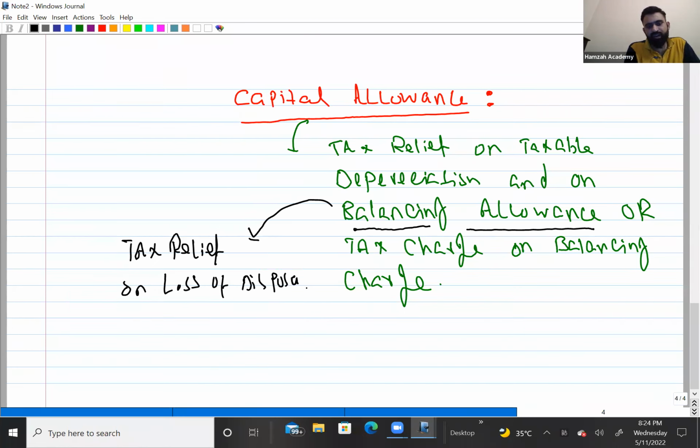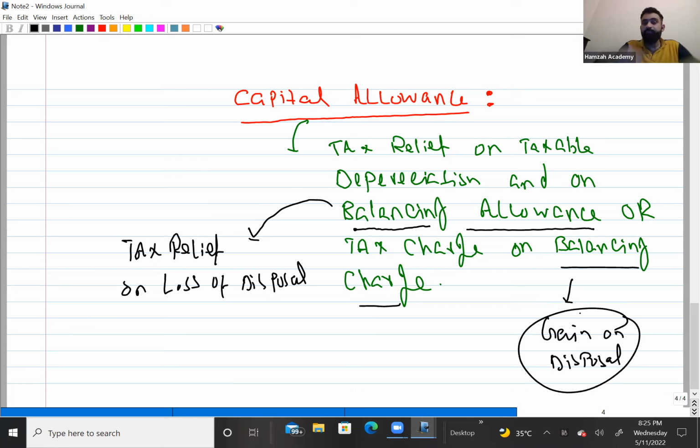If we have a loss on disposal of the asset, then we will get an extra tax relief. And balancing charge means if on the disposal of the asset we have a gain on disposal, then obviously on that gain we have to pay the tax.